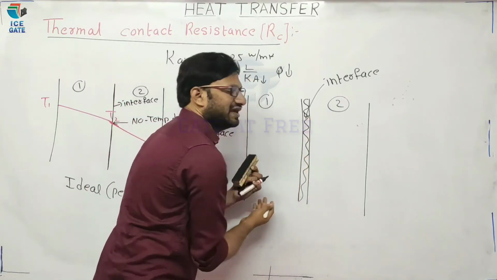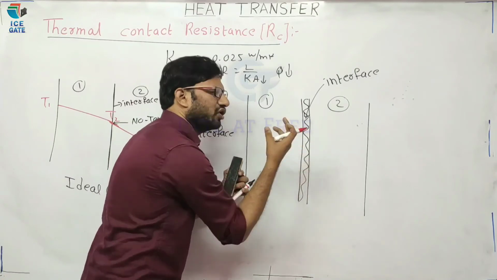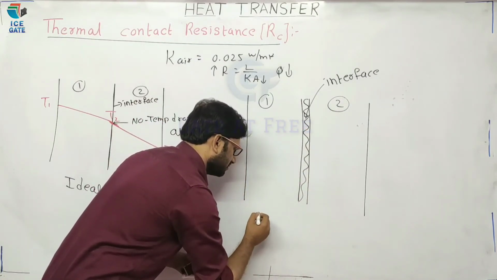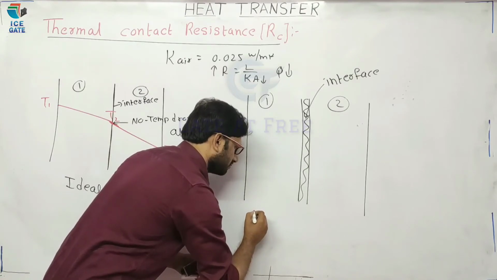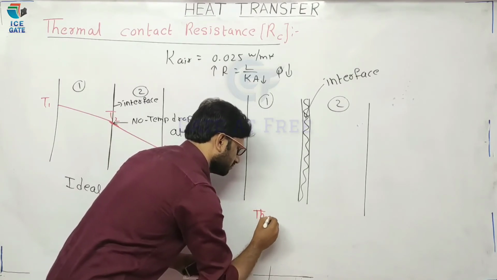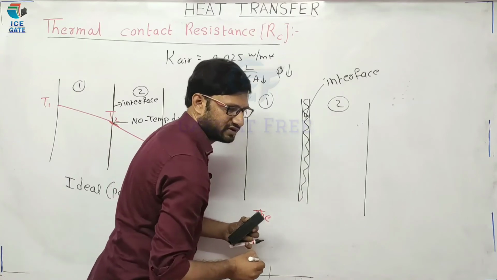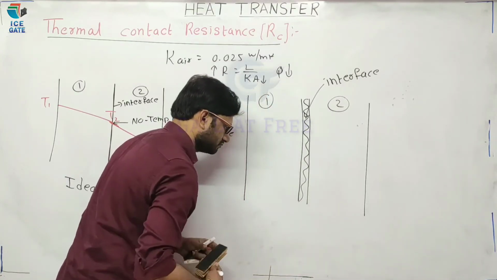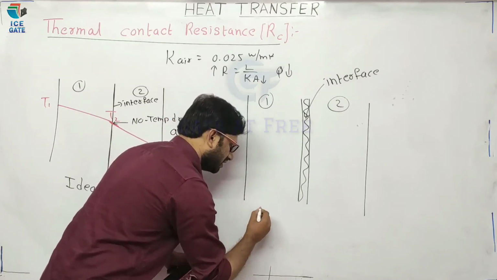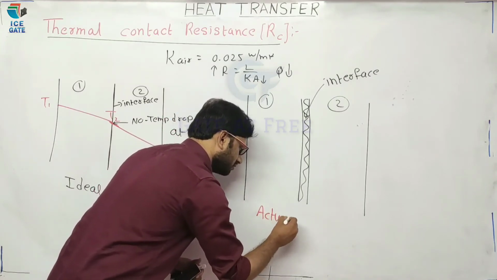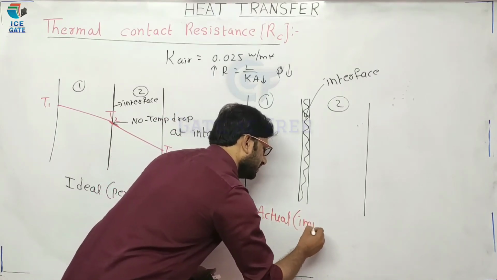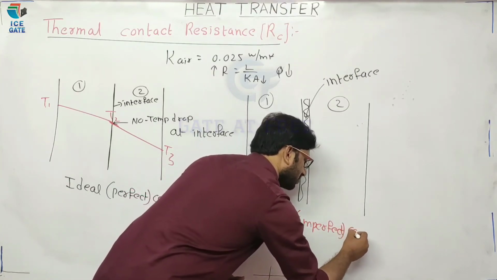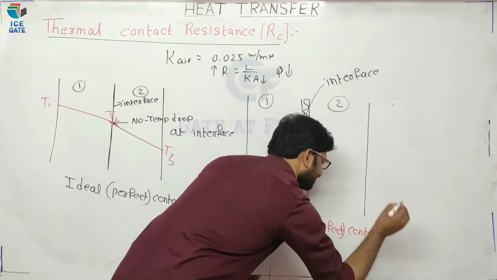Due to the surface irregularities, the contact is not perfect. This is the actual or imperfect thermal contact.